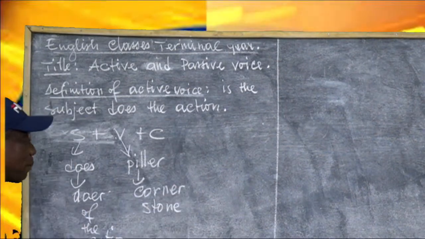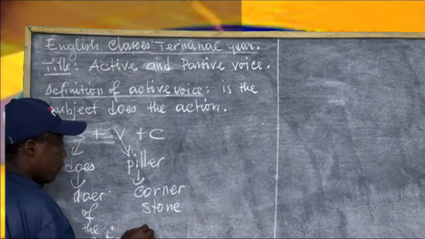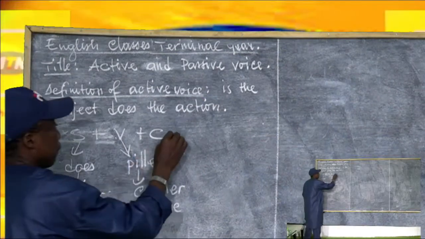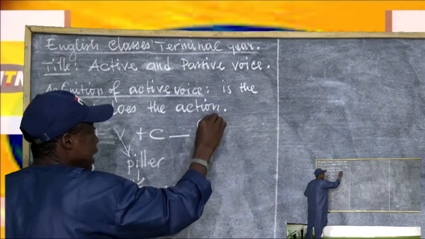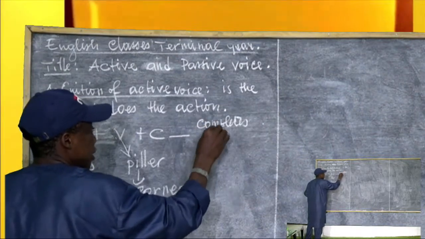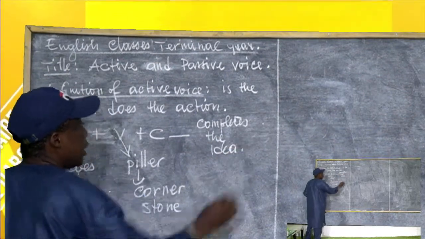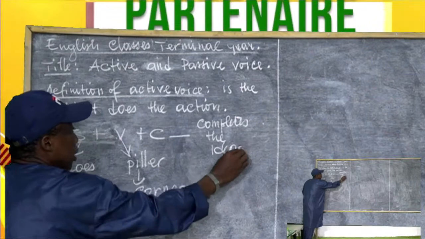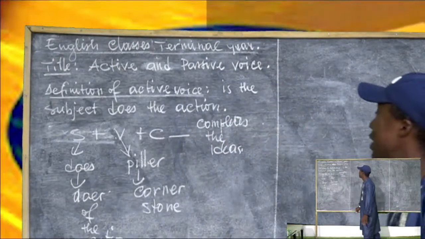The verb also is the foundation of the sentence. Completion completes the ideas. In this case, the action is active. When the subject does the action, we say the action is active.